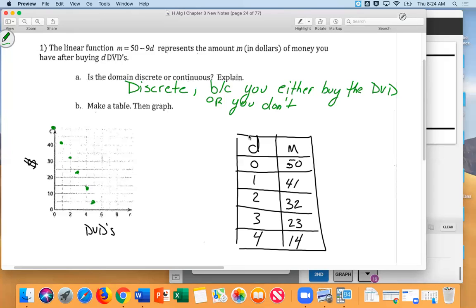Or you could complete the graph until you don't have $9 to buy a DVD. At 14, I have one more DVD I could buy. If I subtract 9 from that, I'm left with 5. After that, you couldn't do it. So what is my domain of this function? It would be 0, 1, 2, 3, 4, 5. And my range would be 50, 41, 32, 23, 14, and 5.